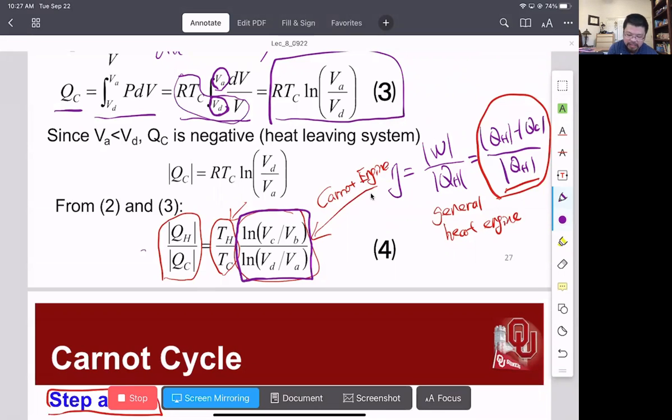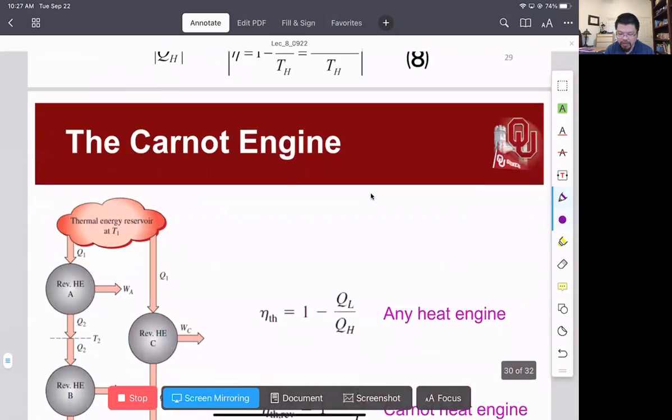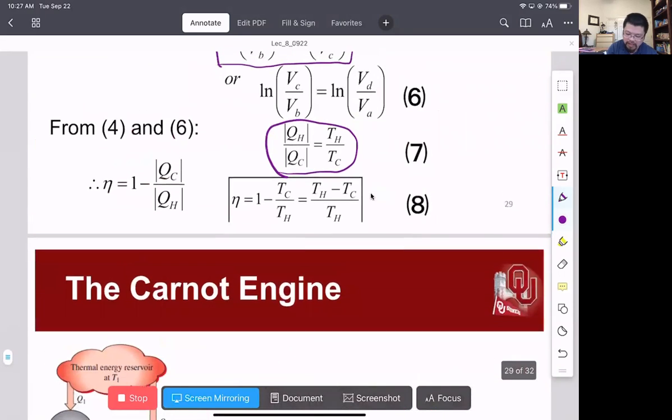So over there we can further simplify for the Carnot cycle: QH over QC is just TH over TC. Okay? So that is the charm of the Carnot cycle. So there we are going to have this equation for the Carnot cycle.